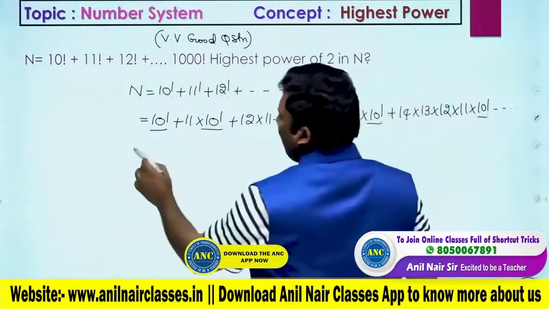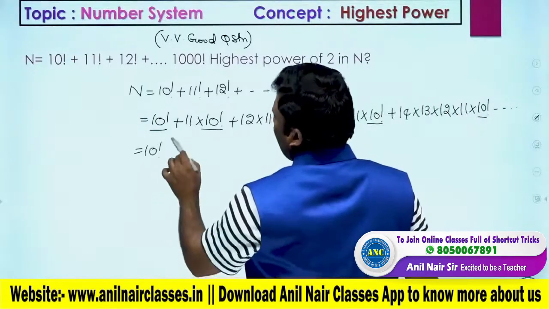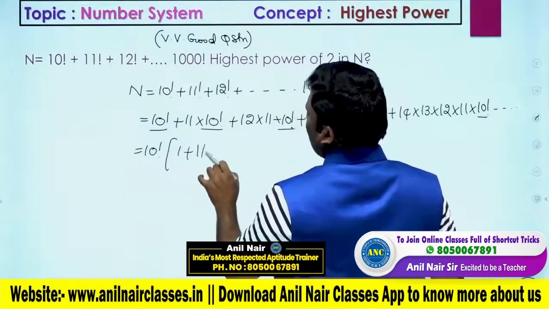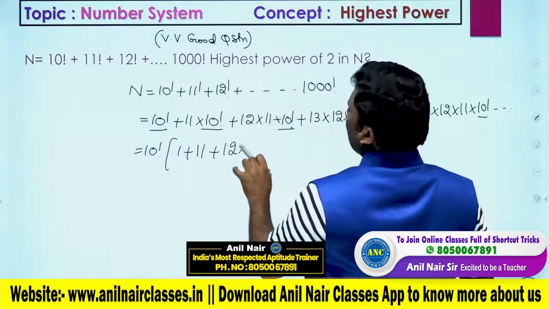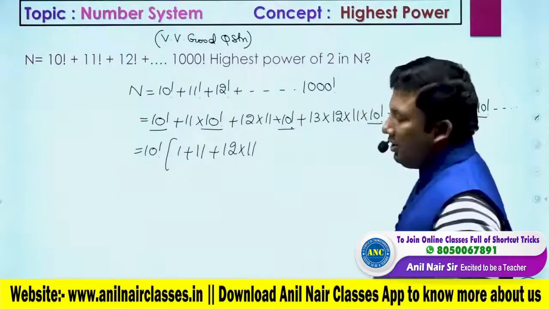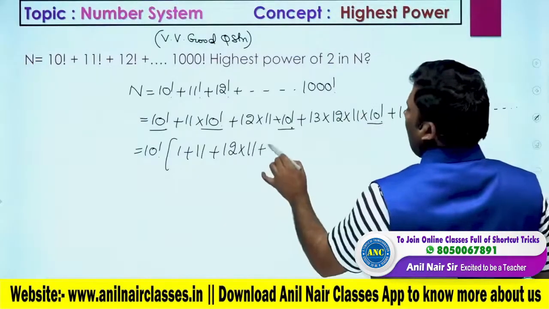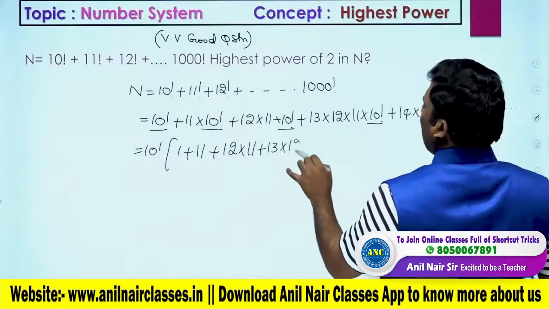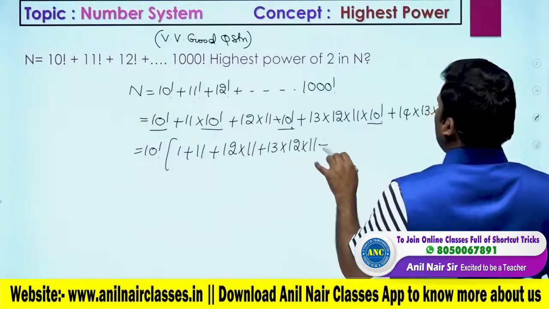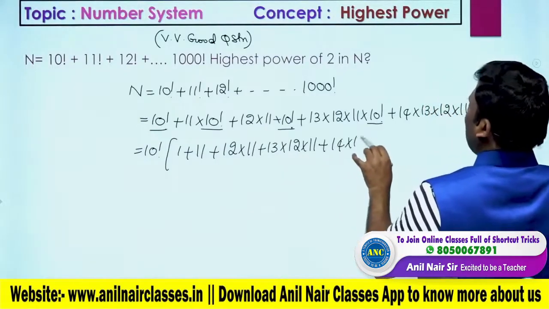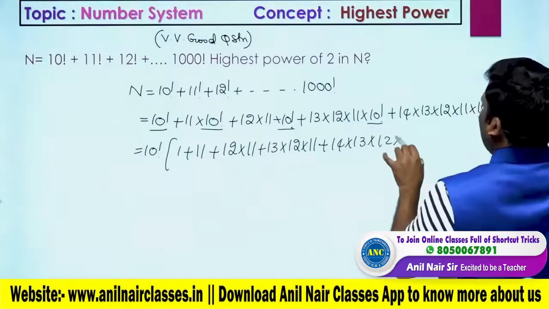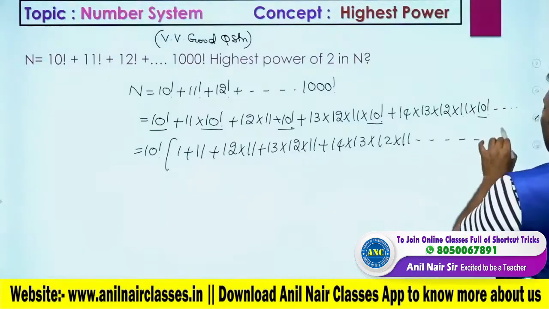So if I take 10 factorial common, this will be 1 plus 11 plus, the remaining in the third term is 12 into 11. Fourth term is 13 into 12 into 11. Next is 14 into 13 into 12 into 11 and so on.